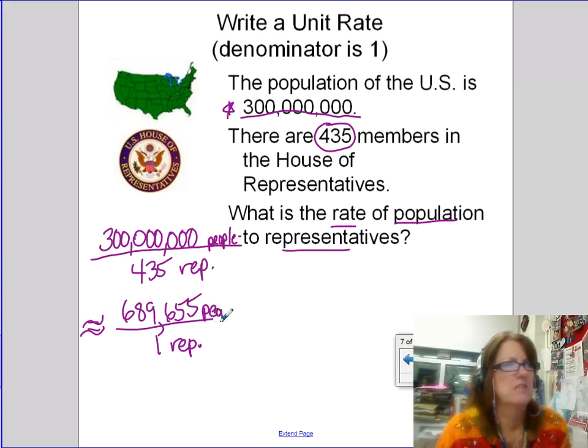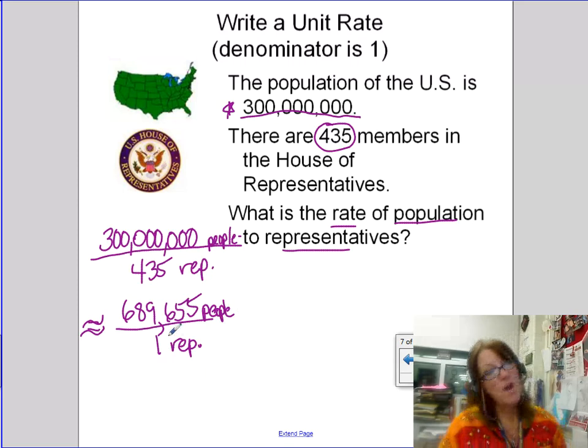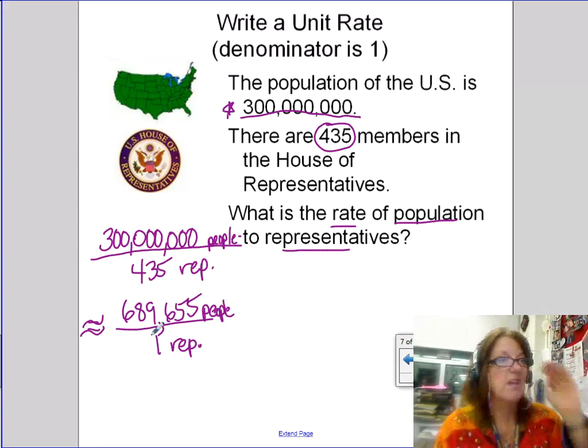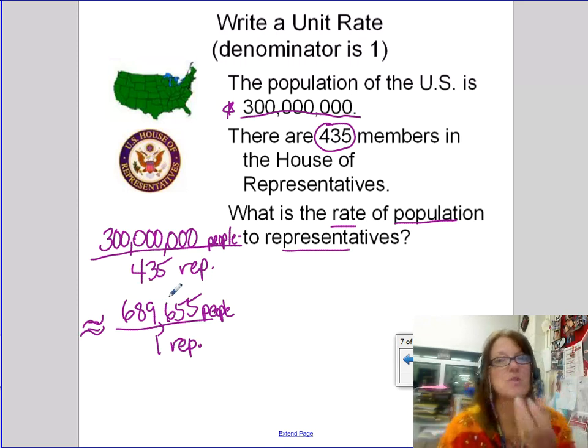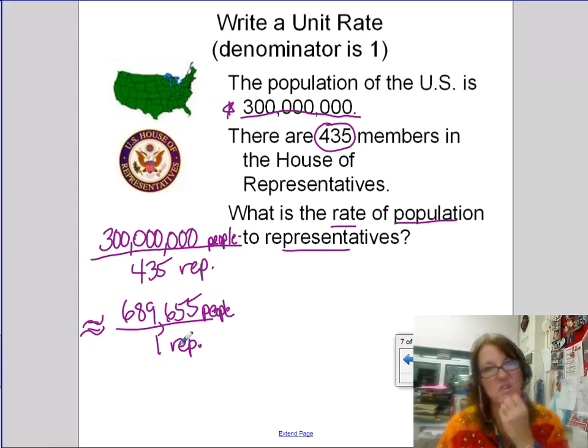That's creepy. So I'm going to round this. So about every member of the House of Representatives represents on average almost 690,000 people. That's a lot of people. That's less than the whole metro area in Minneapolis and St. Paul together, but it's a lot of people getting there.